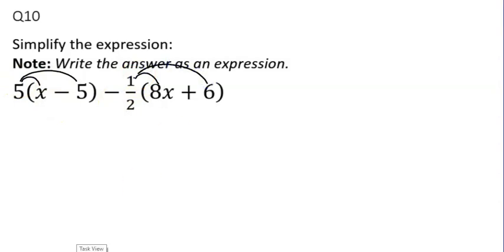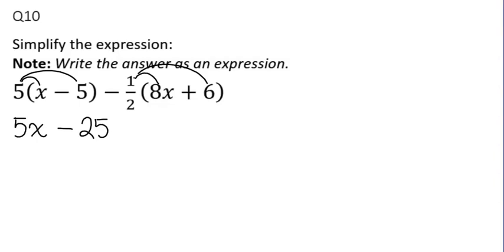So let's do 5 times x, 5x. 5 times negative 5, negative 25. What is half of 8? 4. So don't try to deal, when you see a half, you just cut in half. Don't try to make multiplication of fractions and take forever.